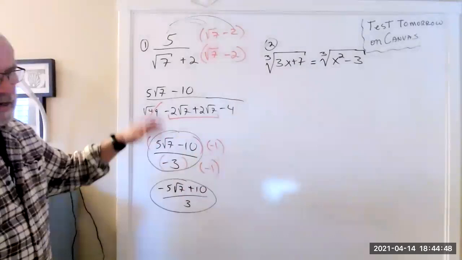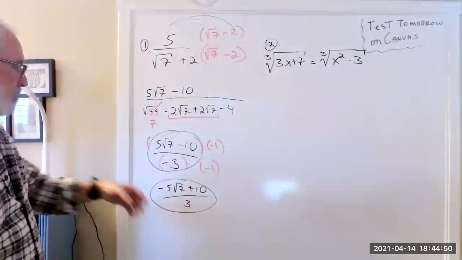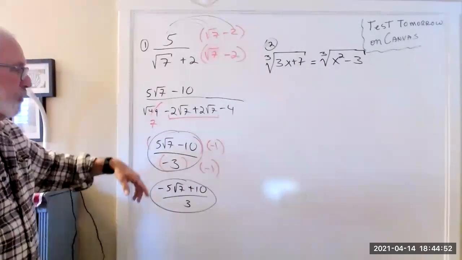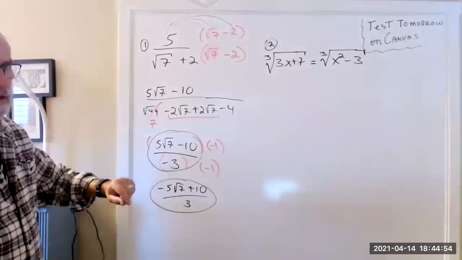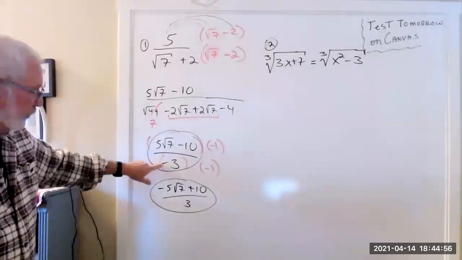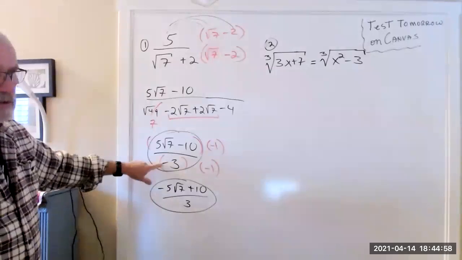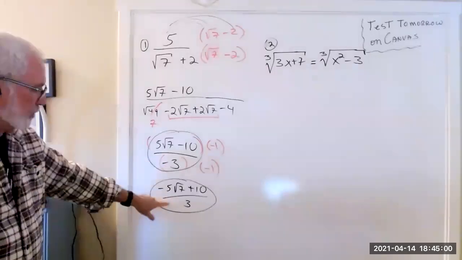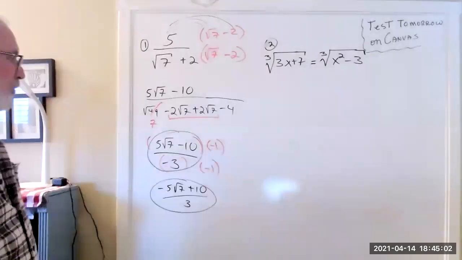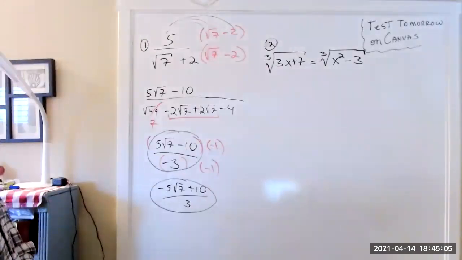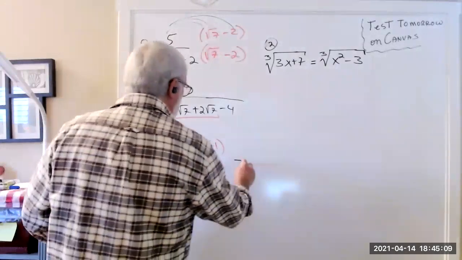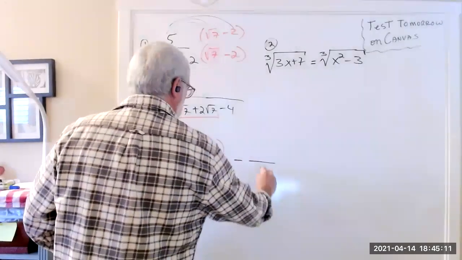My mantra is do the least necessary to get 100% credit. So this is good, stop here. But if you're into making things look pretty, then this is okay also. I was putting mine out in front of the line. Is that okay? The negative out in front, and you have the 3 down here.